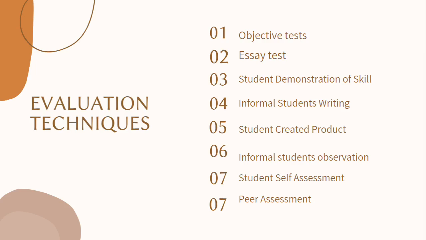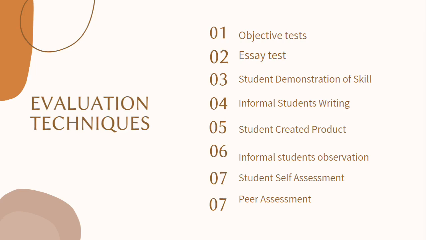As you can see, I don't have slides on objective test, but to give you an idea, objective test is a paper and pencil test which students select appropriate answers from alternatives. So these are tests whose answers are either correct or incorrect. So in brief, these are type of tests that require the learners to select the correct answers among one or more options.